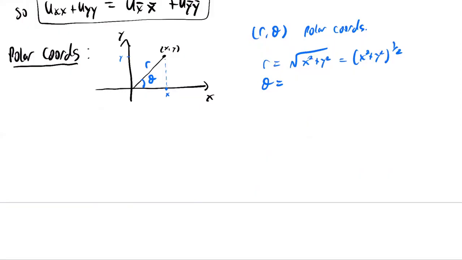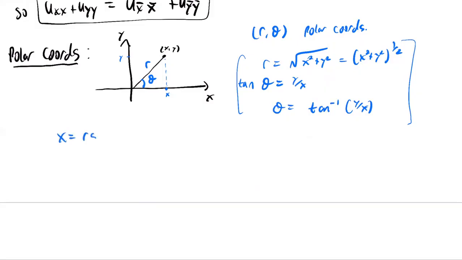So if you look at the tangent of theta, this is given by y over x. Right. So theta is given by the inverse tangent, or the arctangent, of y over x. On the other hand, if you know the polar coordinates and you want to determine x and y in terms of r and theta, the formulas are a little bit simpler. So x is given by r sine theta, and y is given by r cosine theta, right?